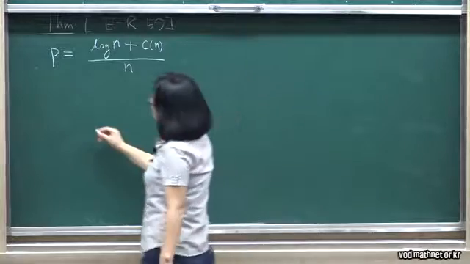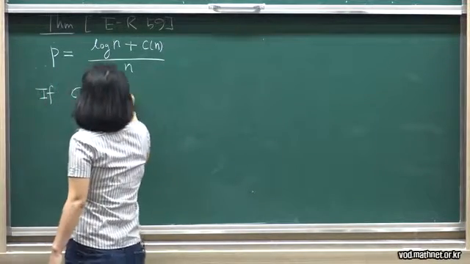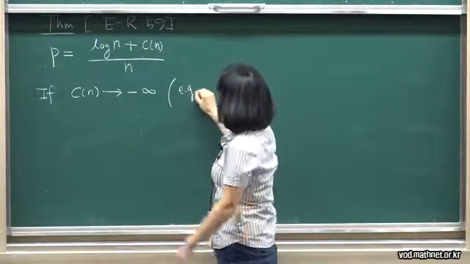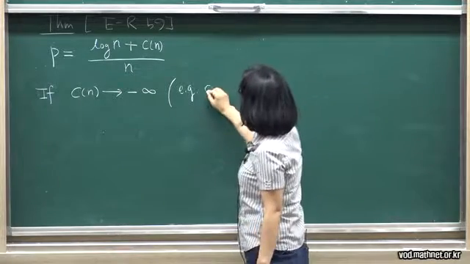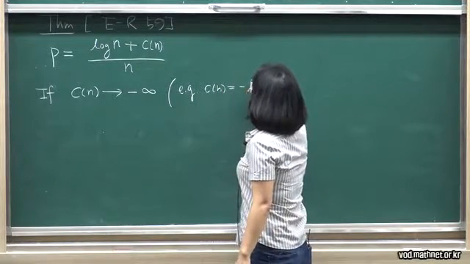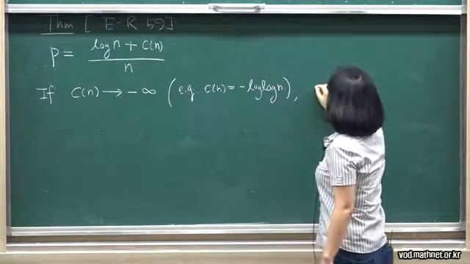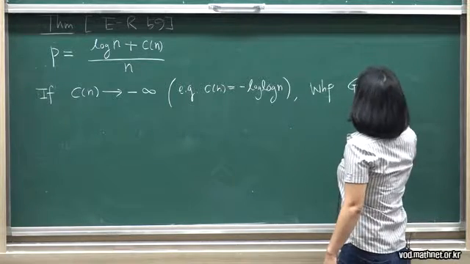What they show is the following. If c_n tends to negative infinity, just to make an example, it's not necessarily any function which tends to negative infinity, but for example, just take minus log n. Then, with high probability, G(n,p) is not connected.